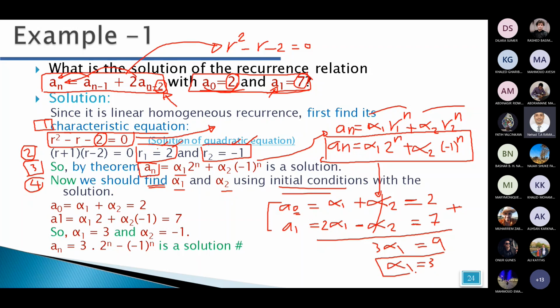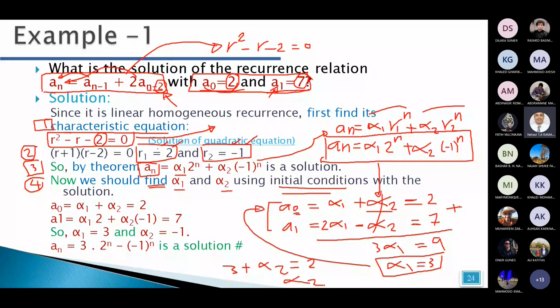We get alpha 1. Now put the value of alpha 1 in this equation and you will get alpha 2. So alpha 1 is 3, so 3 plus alpha 2 equals 2.